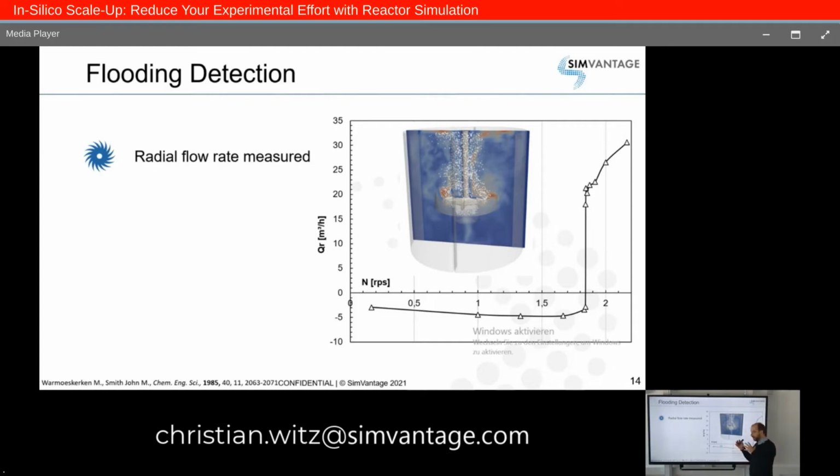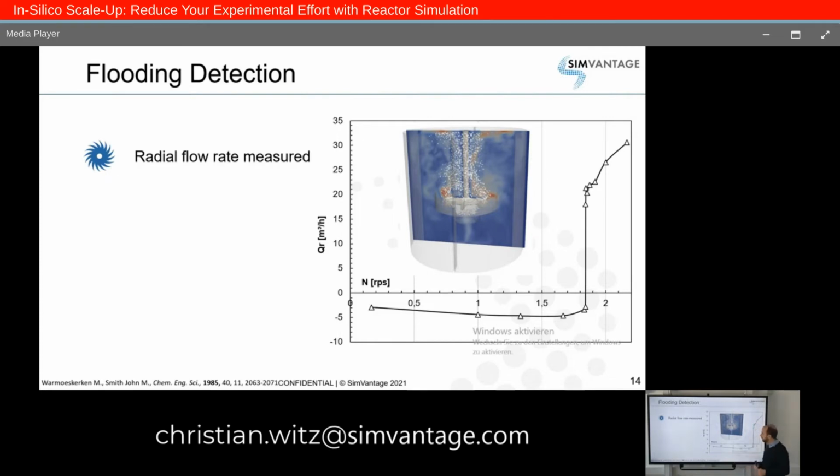And in the simulation, you can see it very easily, but in, for example, stainless steel reactors, often it's the bottom stirrer which is flooded. In a stainless steel reactor, you cannot see this and you lose a lot of efficiency in your reactor if the stirrer is flooded.